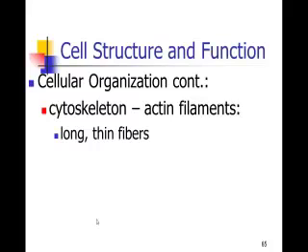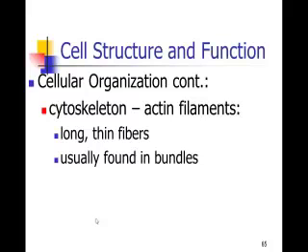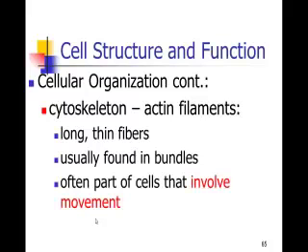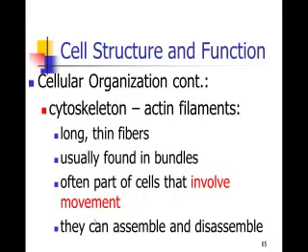Actin filaments are really important in muscle contraction. All three kinds of muscles, skeletal, smooth, and cardiac. These are long, thin fibers. They tend to occur in bundles, and they are involved in the contraction of the cells and movement. Here's a pretty cool thing.